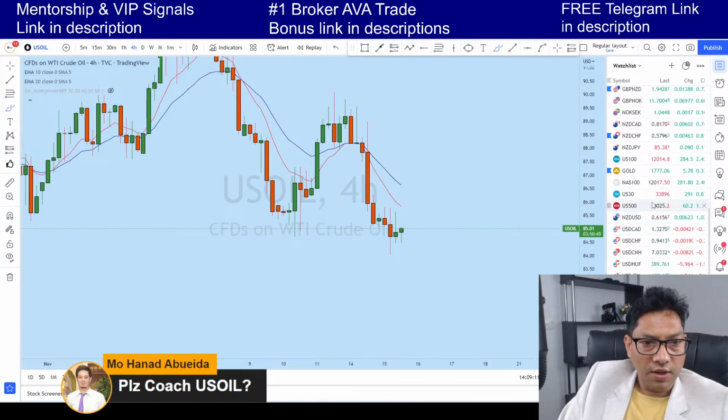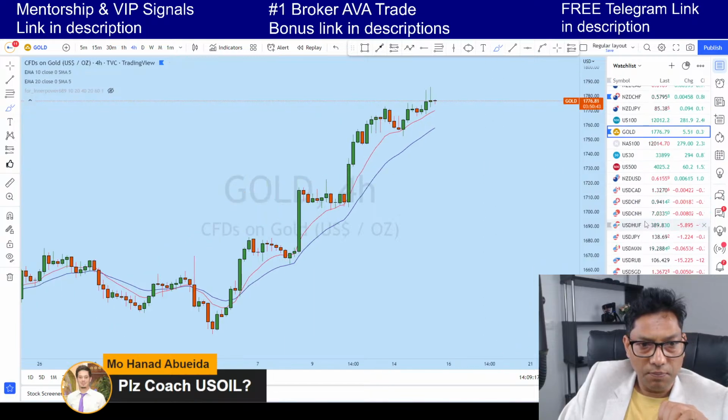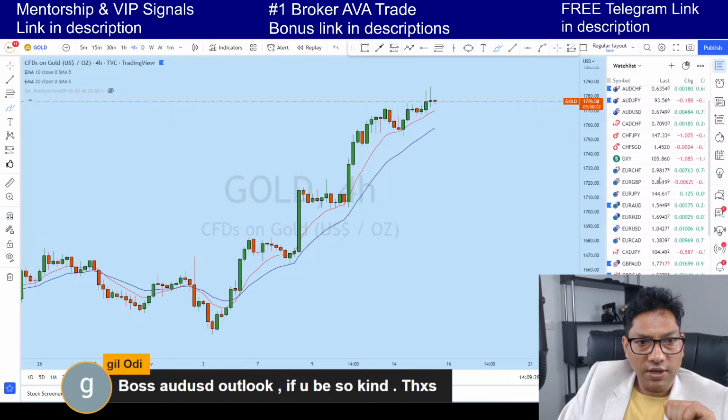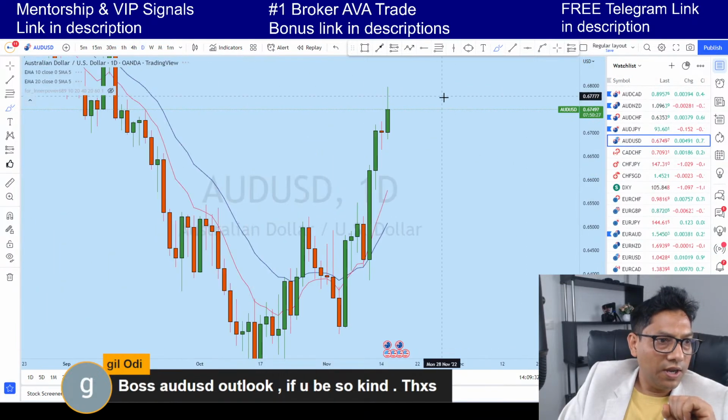Dollar is looking to me still stronger. You see that gold and all those pairs are still creating a bullish price action. Okay, looking at AUD USD and then we'll wrap up. AUD USD, looking at daily, bullish.